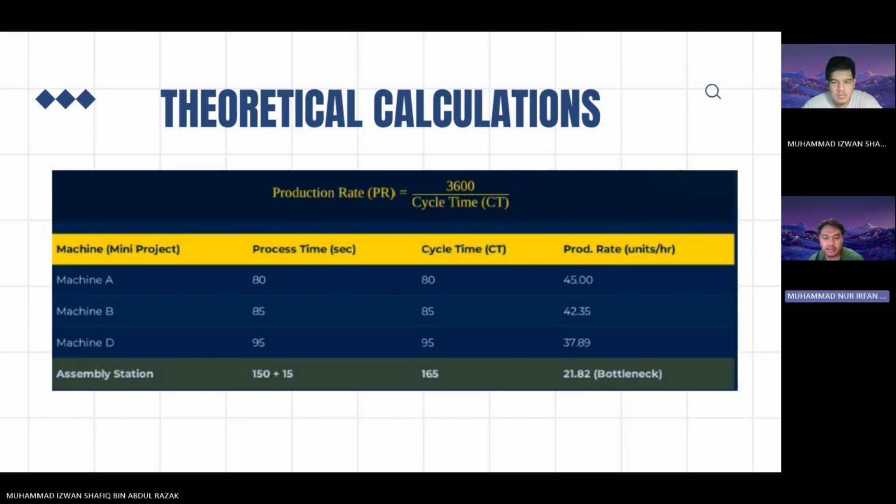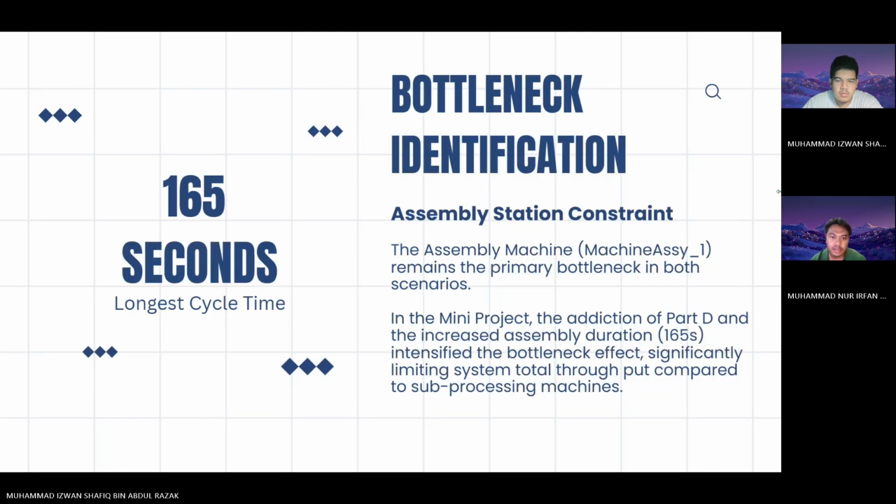The production rate per hour for machine A is about 45, for machine B 42.35, and for machine D 37.89. For the assembly station, we have 21.82, which is the bottleneck station. Bottleneck identification: 165 seconds is the longest cycle time.